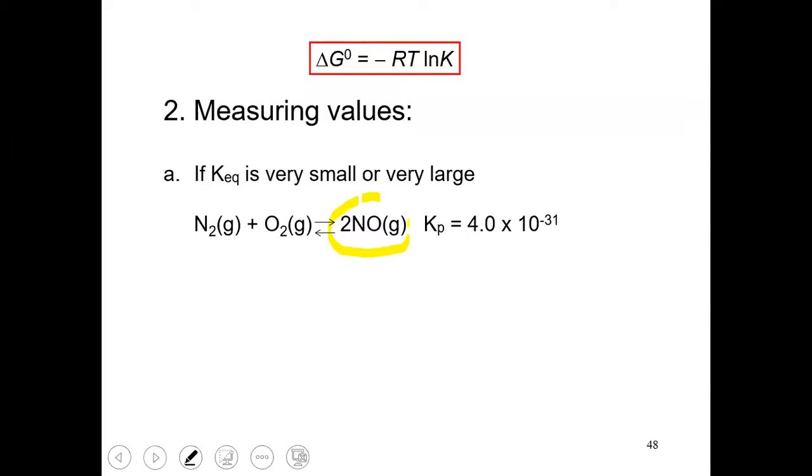That requires a tiny, tiny partial pressure of the NO, the nitrogen monoxide. So if you want to find out what Kp is, you can use the standard free energies of formation to calculate the standard delta G and then use this equation on the top there to solve for K.